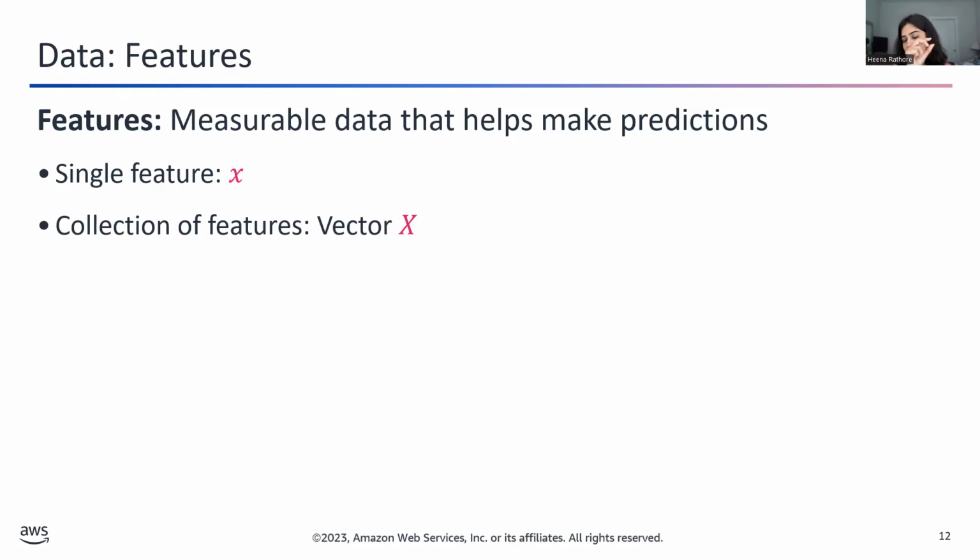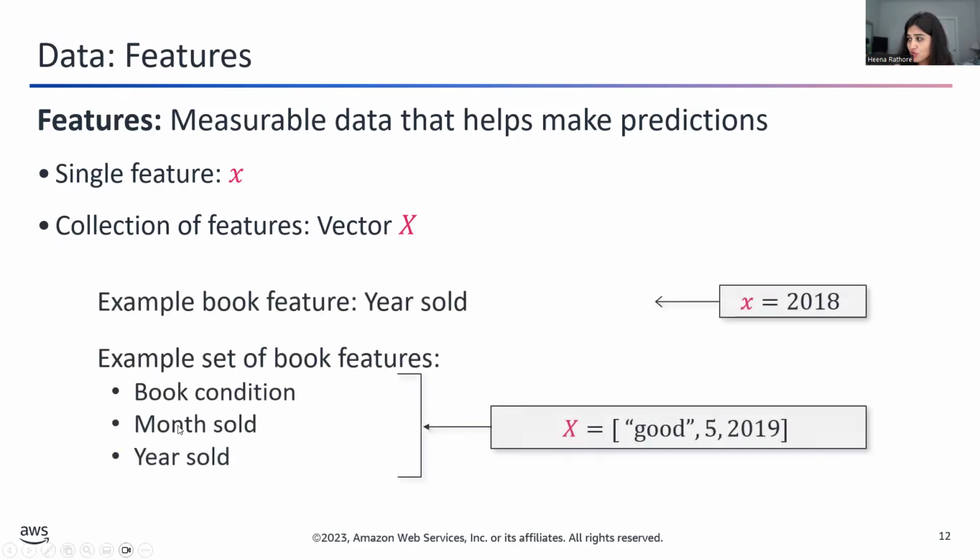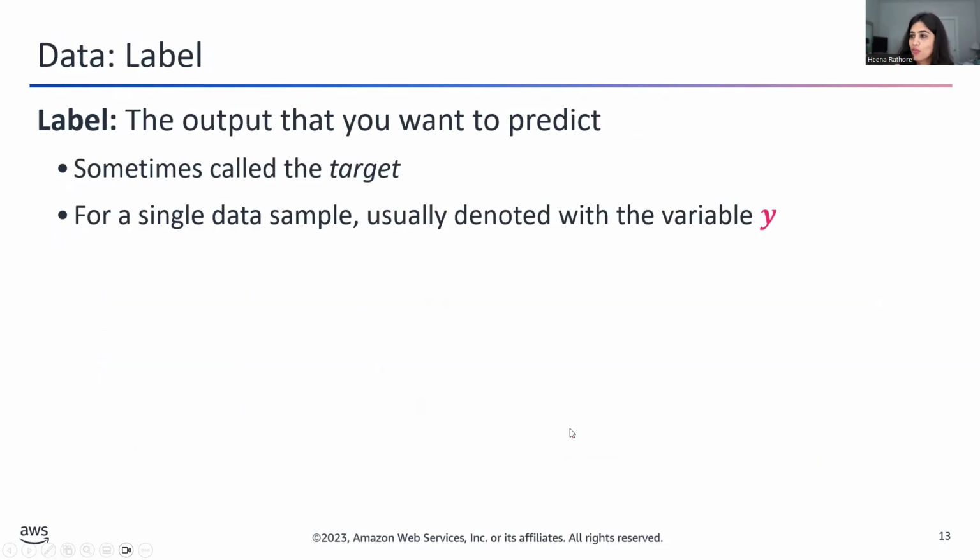This collection of features taken together is represented by a vector, capital X. Feature selection is very important because it decides which features you need to include and which are important for your learning. So these are two examples of a single feature versus a vector.